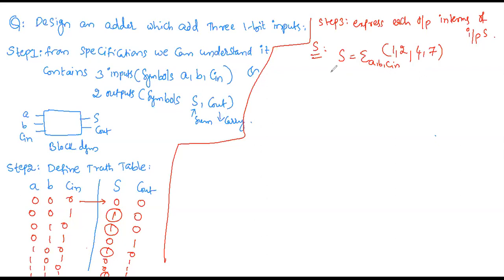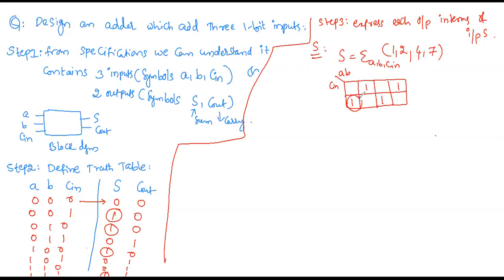Now solve this with a 3 variable K-map. Keep 1 where the minterms are: 1, 2, 4, 7.